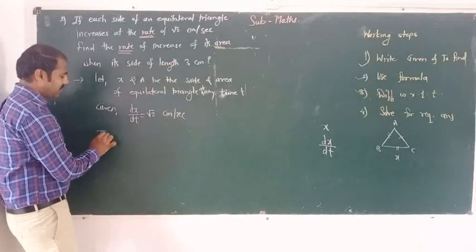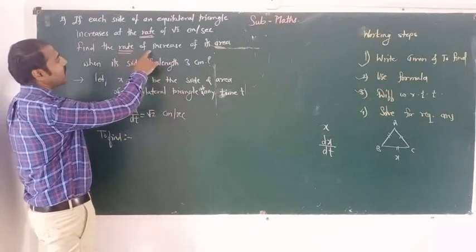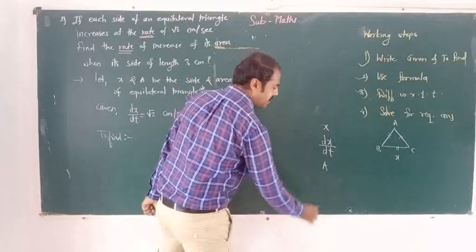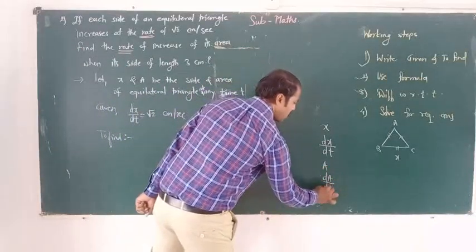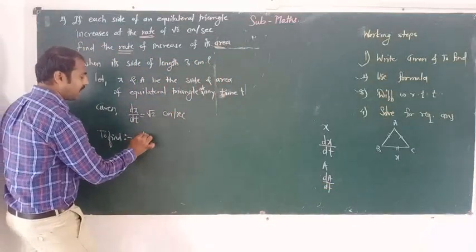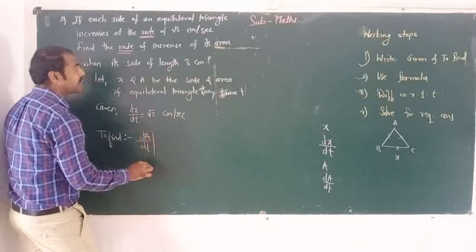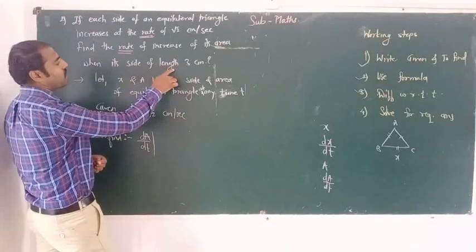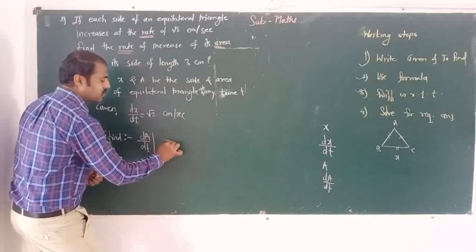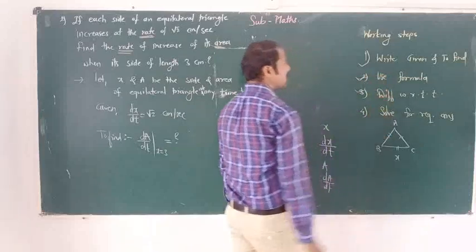To find, what is to find? Find the rate of increase of its area. If A is the area of equilateral triangle, then rate of change of area is dA by dt. So to find dA by dt when its side is of length 3 centimeter, that is find dA by dt at x is equal to 3. Using formula. What is the second step? Use formula.